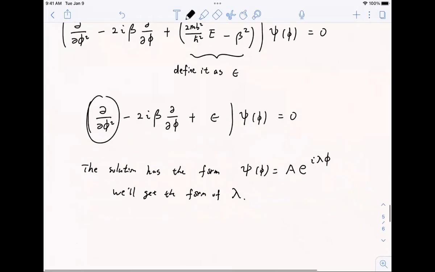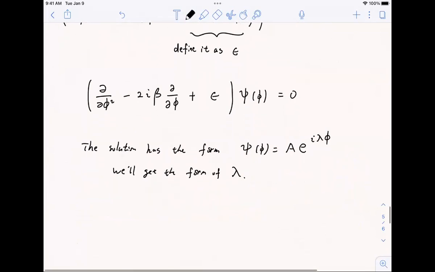So since you have this derivative, let's just do it one by one. If you do one derivative, then you just get A i lambda.